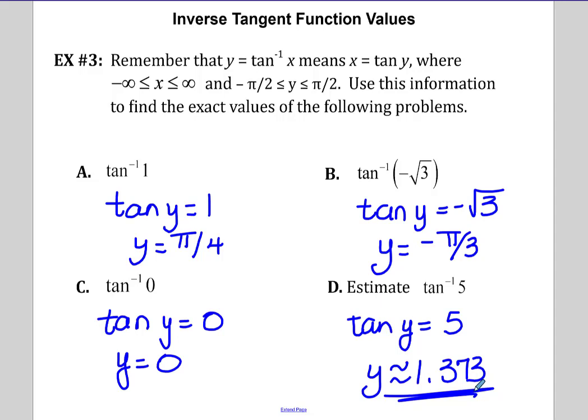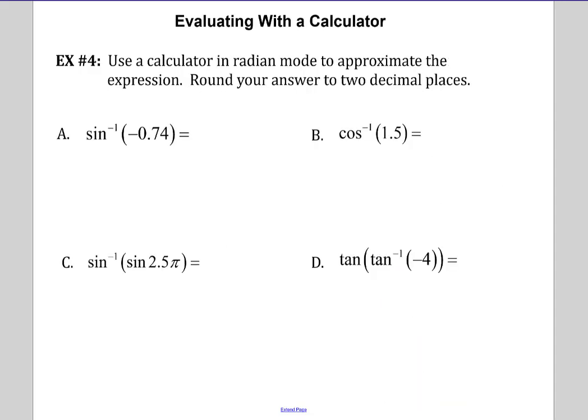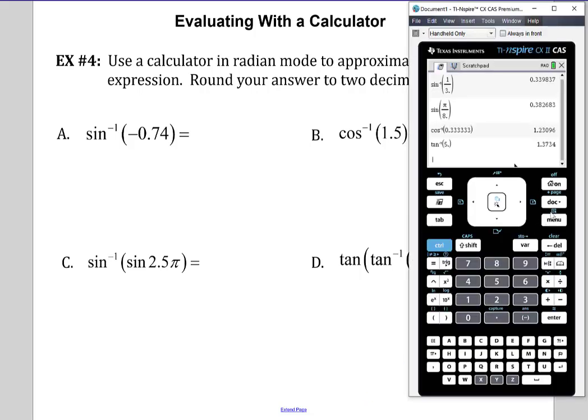Okay, a couple more calculator questions are next. So these, again, we're using our calculator to estimate the angle where sine inverse is negative 0.74.